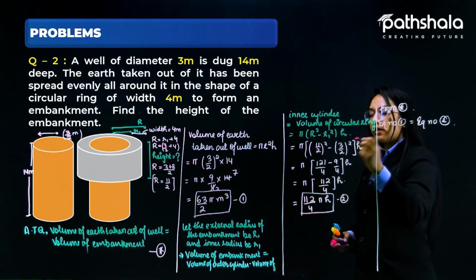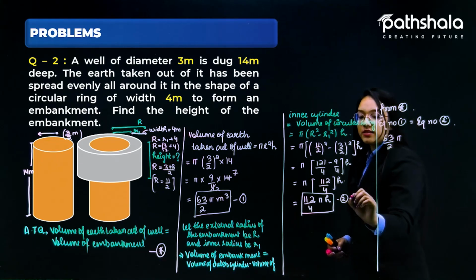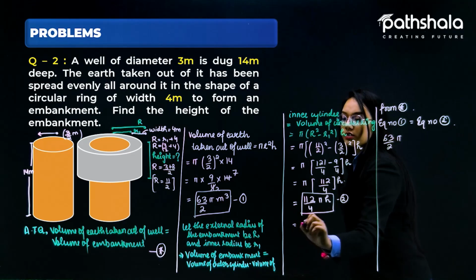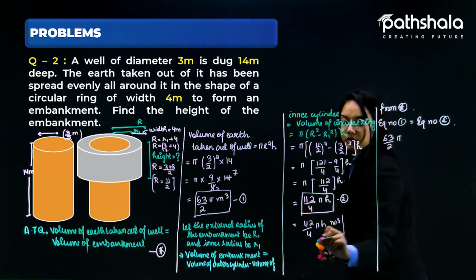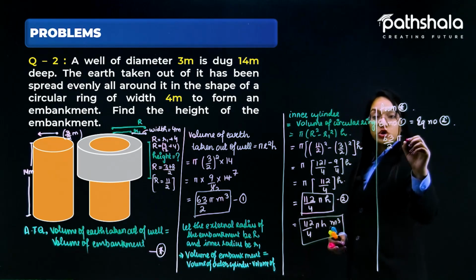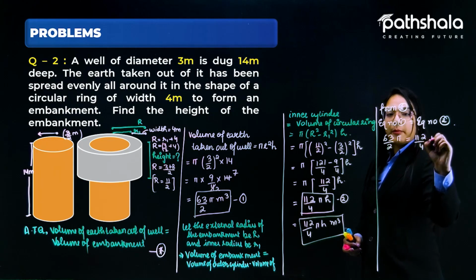So let's take them equal to each other. So this is 63 by 2 pi meter cube, and this is also meter cube, and this is 112 by 4 pi h meter cube. So this is equal to 112 by 4 pi h.